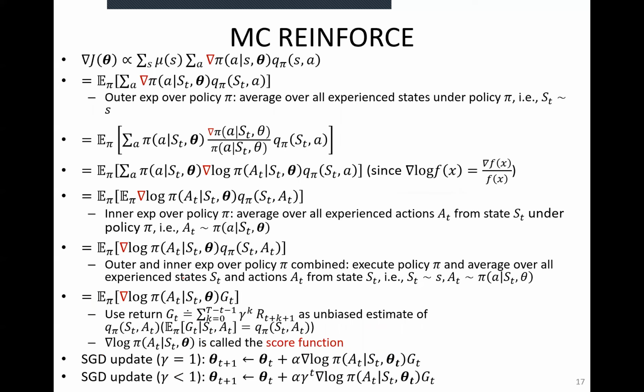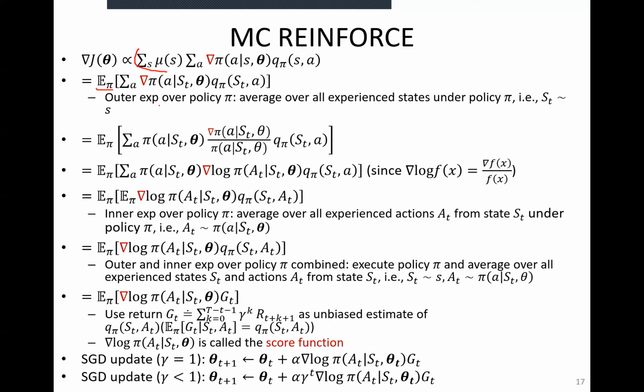So this is the MC REINFORCE algorithm. This is the formula we had before without the baseline. So you can write the sum over all the S, over all the experienced states under policy pi, weighted by the visitation frequency, with the expectation operator.